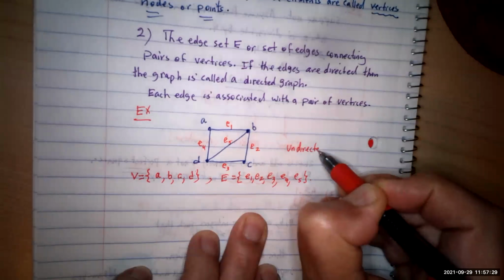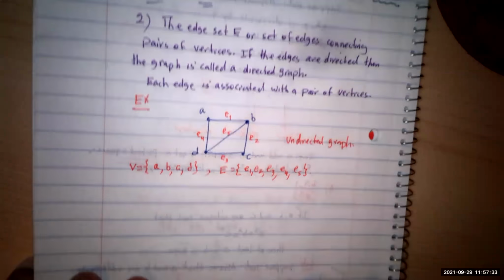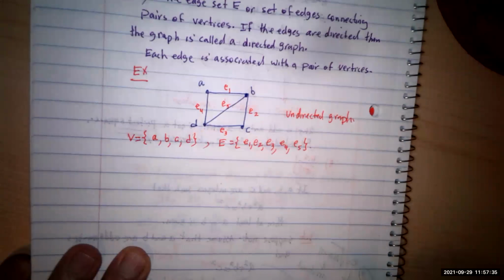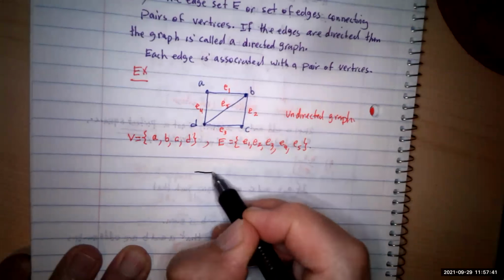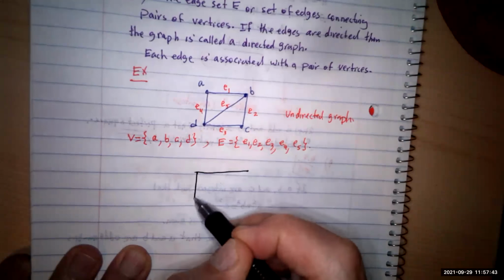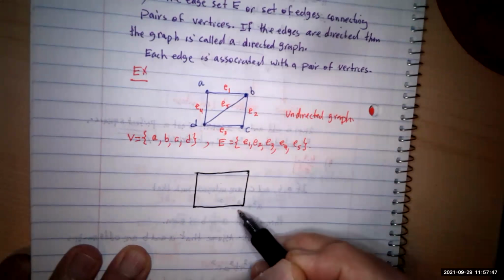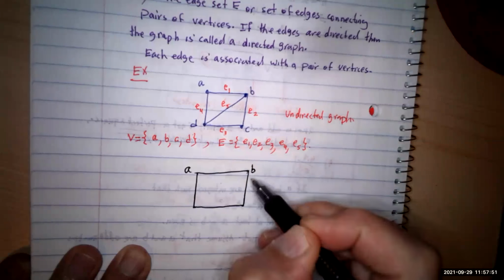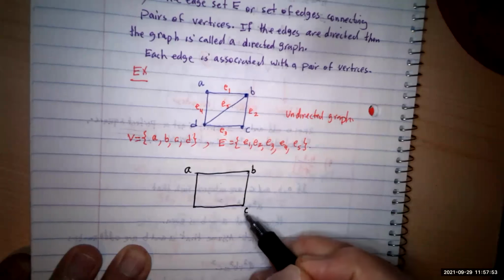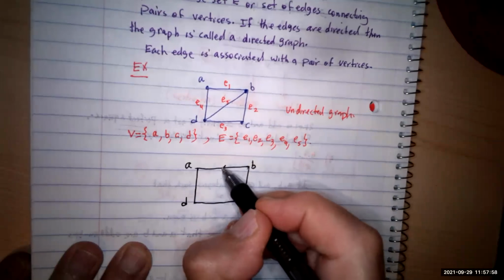Okay, directed graph. Any question? They may change it into a directed one, so they have to give you a direction. For some purposes, your directed graph is going to have A, B, C, and D, and they give you some direction, like you see.